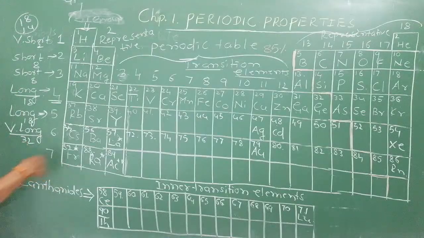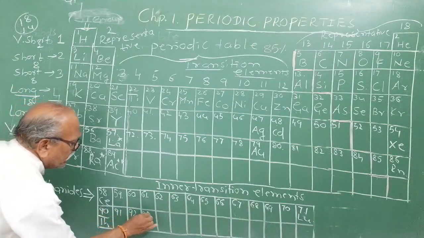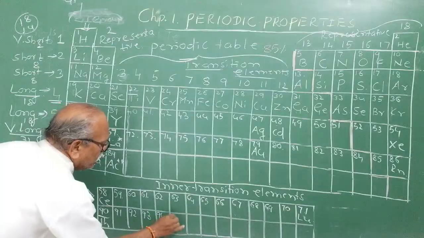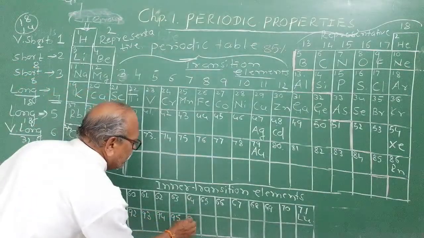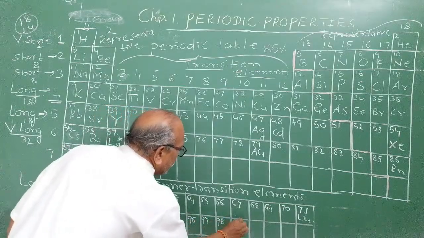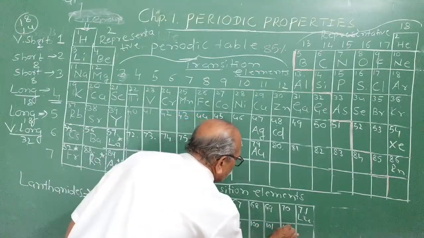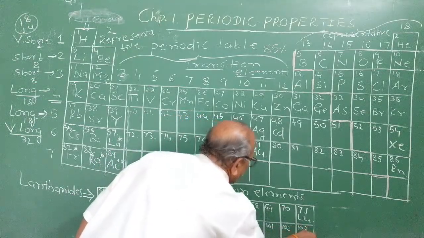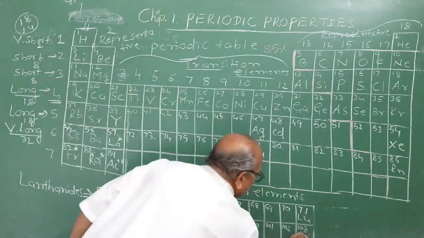So these two will have thorium 90, 91, 92, 93, 94, 95, 96, 97, 98, 99, 100, 101, 102, 103. This last element 103, you can check it. It is called lawrencium, Lr.